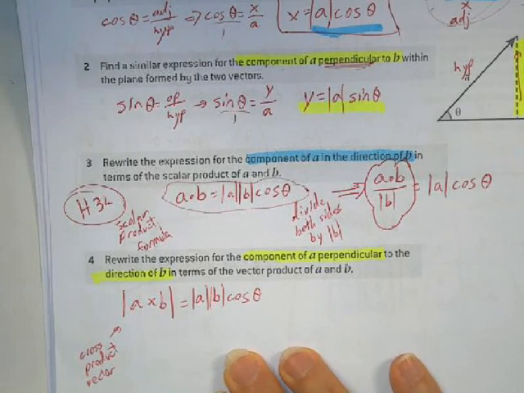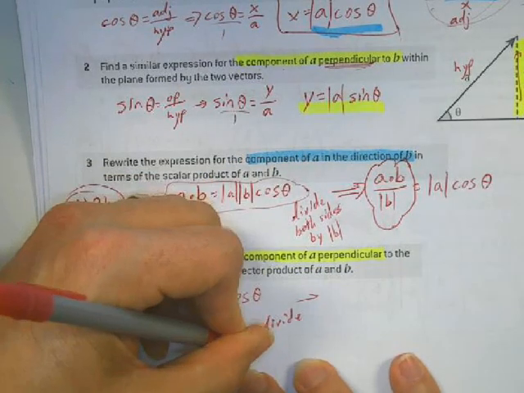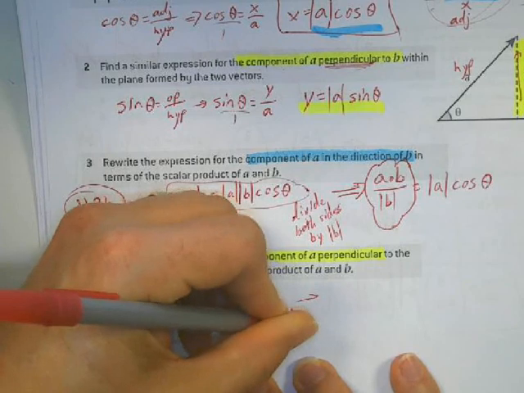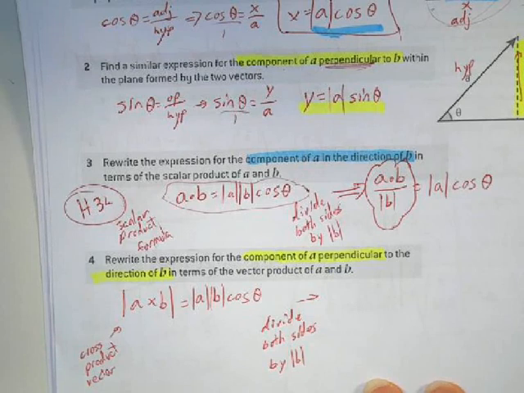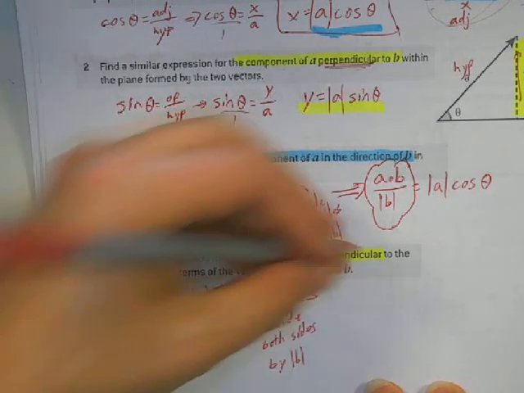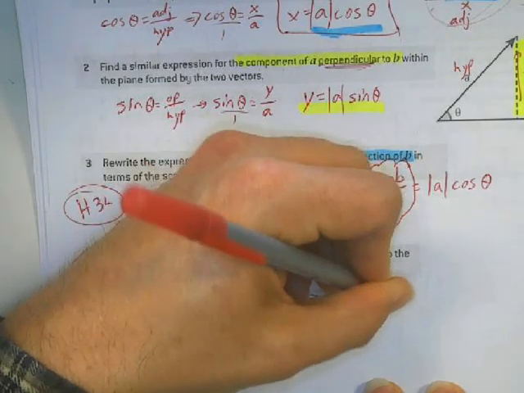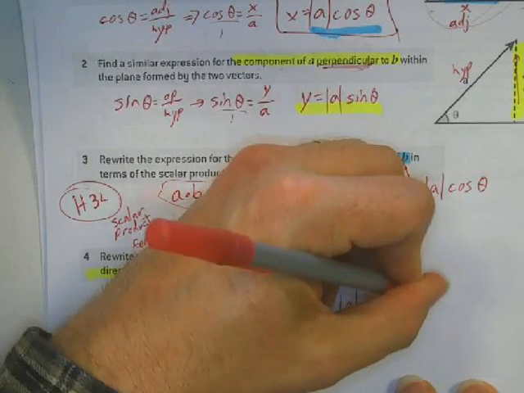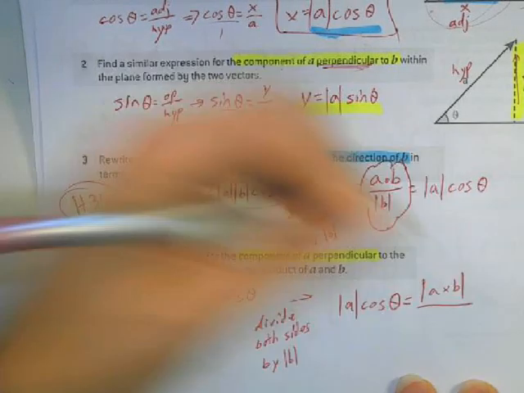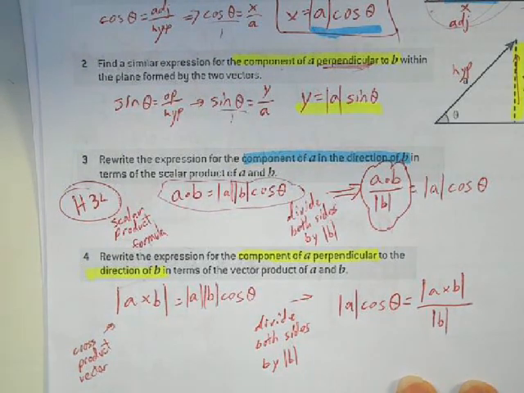Because it's perpendicular, we have to use the cross product. And just like we did over here, we're going to divide both sides by the magnitude of B, and then I end up with A sine theta equals the magnitude of the cross product of A and B divided by the magnitude of B. Okay.